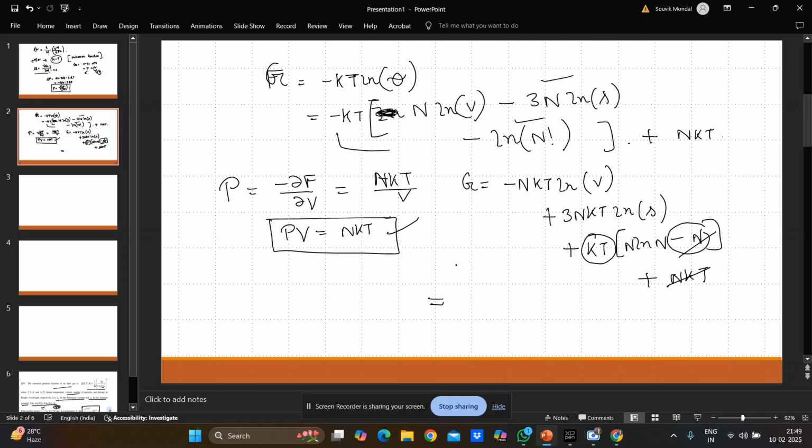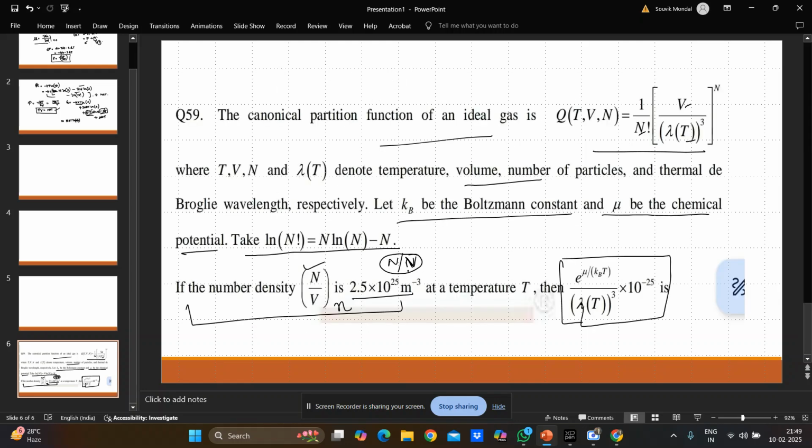Now look at another thing carefully where you can make a mistake. Suppose this is minus NkT log V, this is NkT log N. Now punch this together, so it will become NkT log N by V, and N by V is a constant. That's why I mentioned earlier that whenever you can get N by V, put it as N by V, because N by V, the number density, is small n, which is a constant.